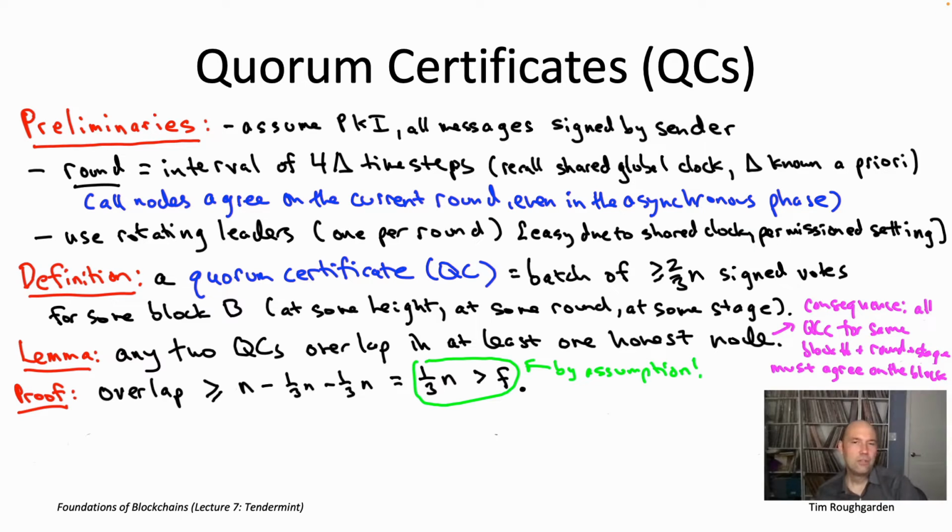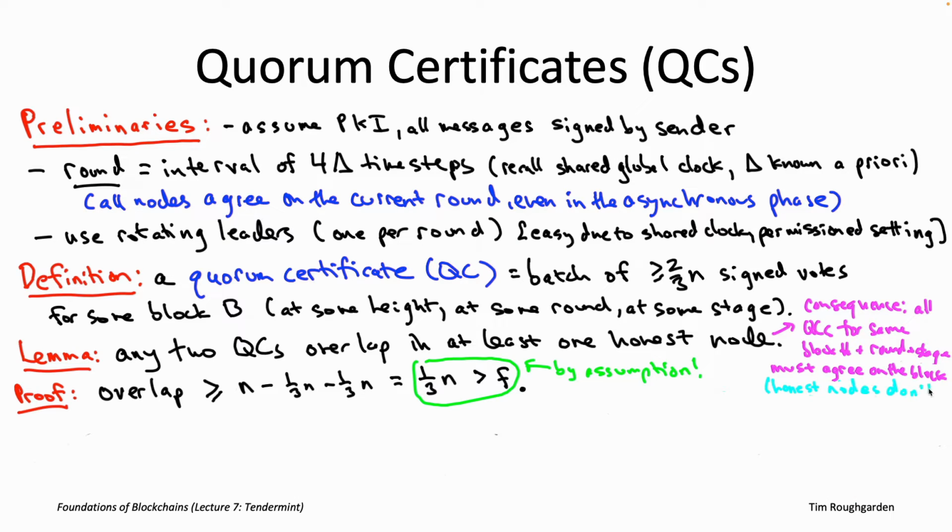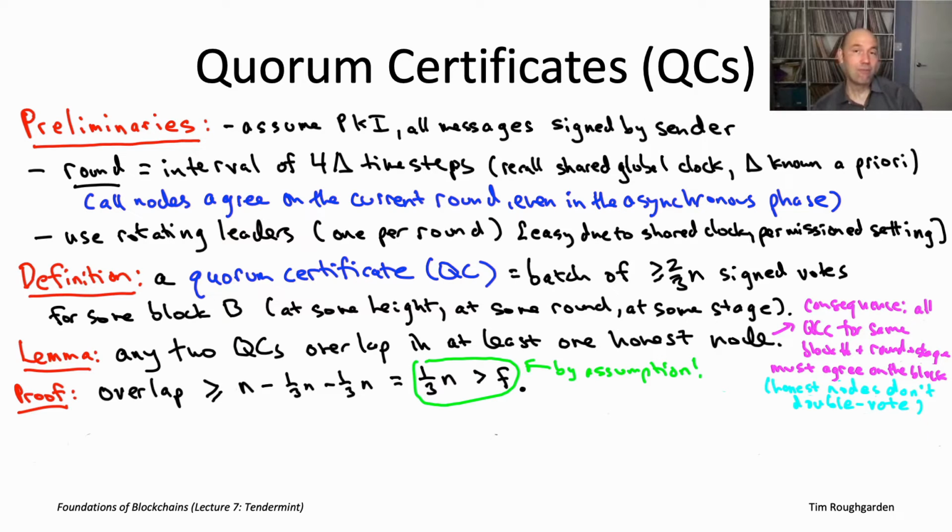This statement in magenta is a consequence both of the overlap lemma and a property of the pseudocode that we'll see on the next slide, which is that an honest node is instructed to vote at most once in any referendum. By referendum here, I mean a 3-tuple specifying the block number, the round, and the stage. So each honest node will vote at most once in each of those referendums.